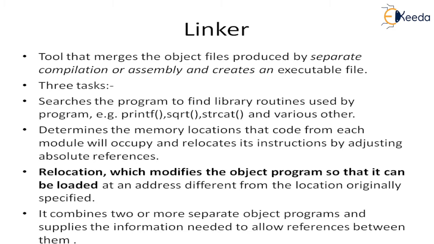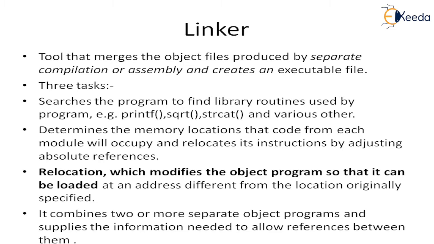After that, the second step is that it determines the memory location where that particular code is present and relocates its instructions by adjusting absolute references. Relocation is nothing but modifying the object program so that it can be loaded at an address different from the location specified.